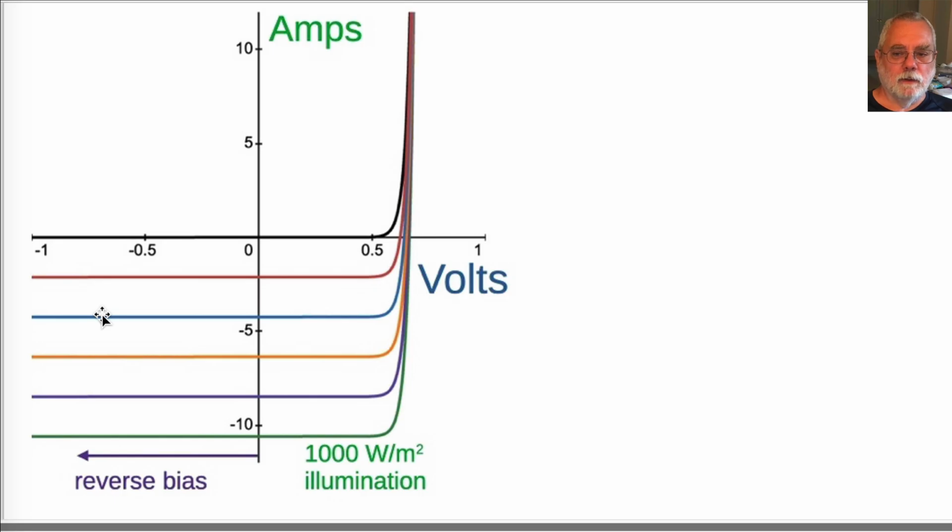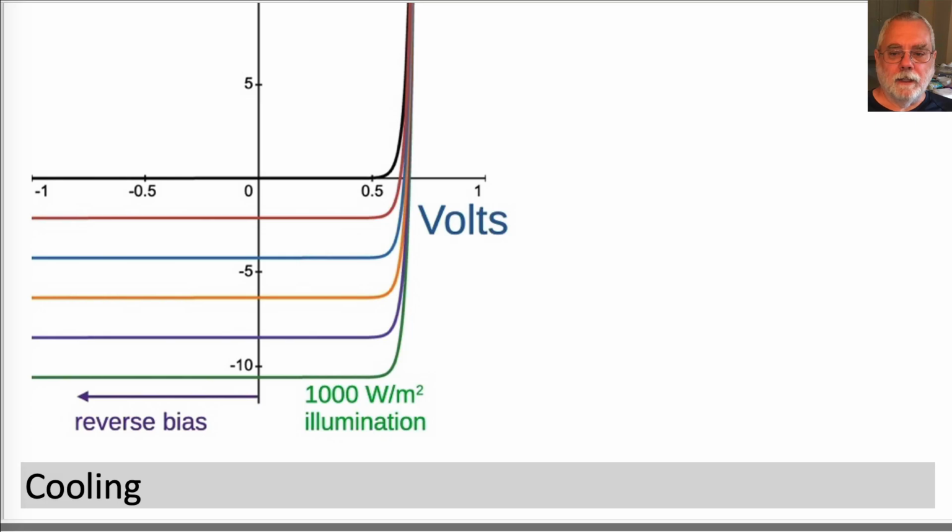That solar cell will dissipate 80 watts, -4 amps times -20 volts, and heat up undesirably. We will see this. This happens in ordinary operation and does not require a reverse breakdown condition, though reverse breakdown will change the details.